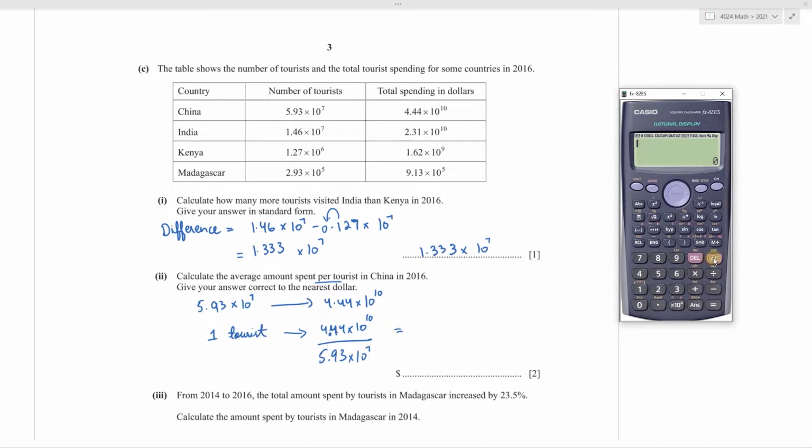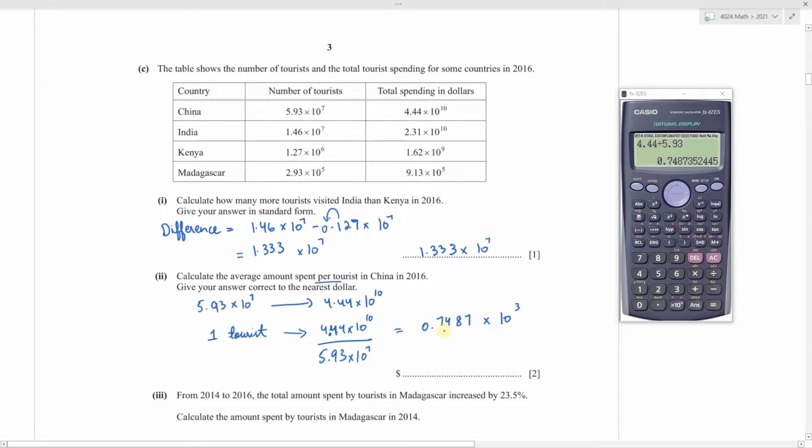So I can do this division. 4.44 divided by 5.93. So this is 0.7487 into 10 power 10 minus 7, because they are being divided, so the powers will be subtracted. So 10 minus 7 is 3.